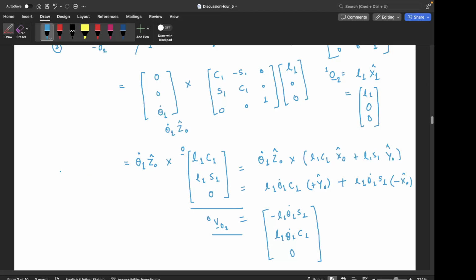So what I mean is that if this is frame 1, this is frame 2, then this is the position vector of frame 2 with respect to frame 1, right? This is the notation usually followed when vectors are written without describing which frame they are expressed in. This is called the frame independent notation.